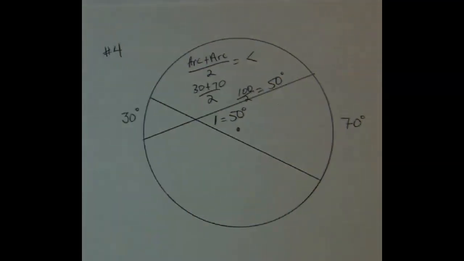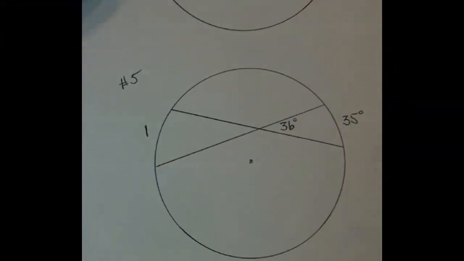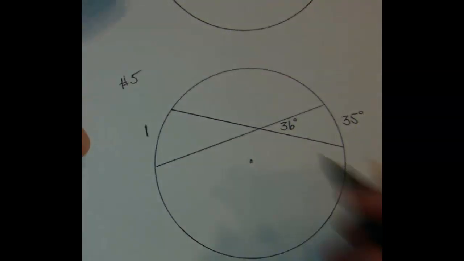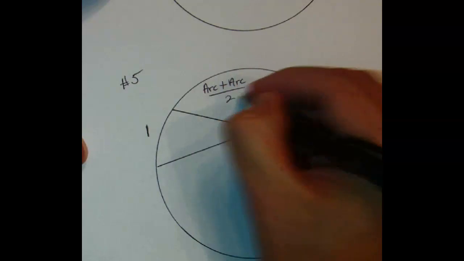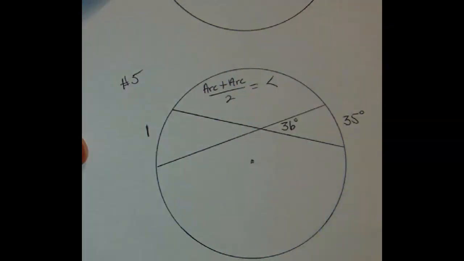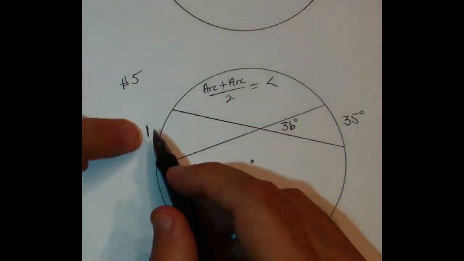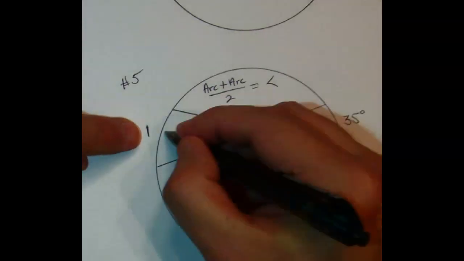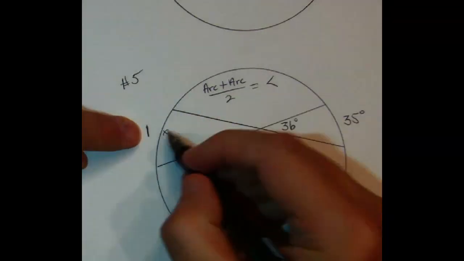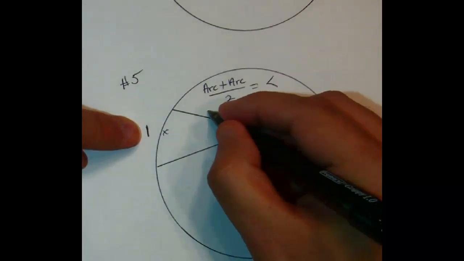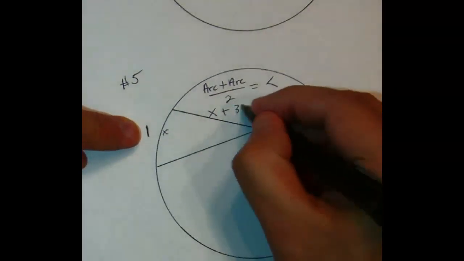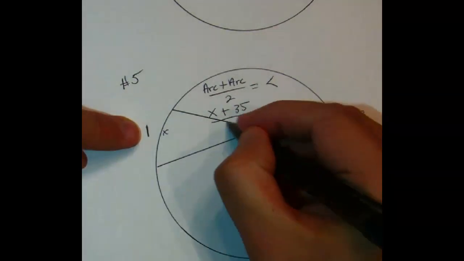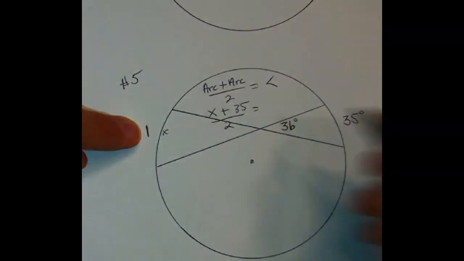Now number 5, a little bit more complex. It uses a little bit of algebra, but no big deal. The angle is on the inside, so we're going to add arc plus arc divided by 2 equals the angle. But this time, we don't know what this is, so let's assign an x. So x would be the first arc. 35 is the second arc. Divided by 2, and that's going to give us the angle.